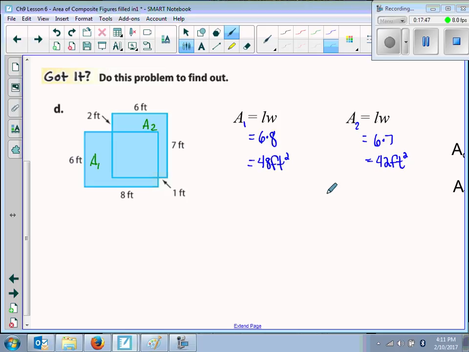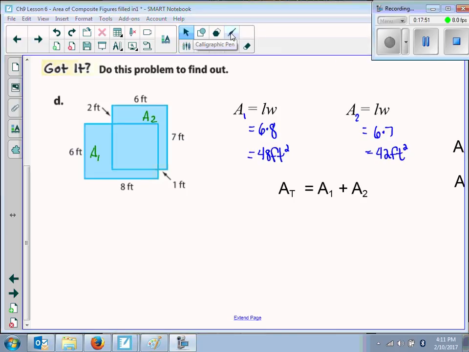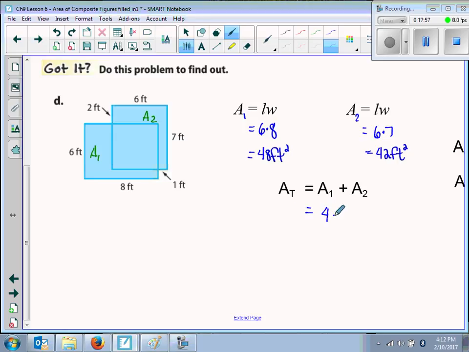So now we add them together. We are going to add area 1, which is 48, plus area 2, which is 42, and that's going to give us our total area. So that's 48 plus 42 gives us 90 feet squared.